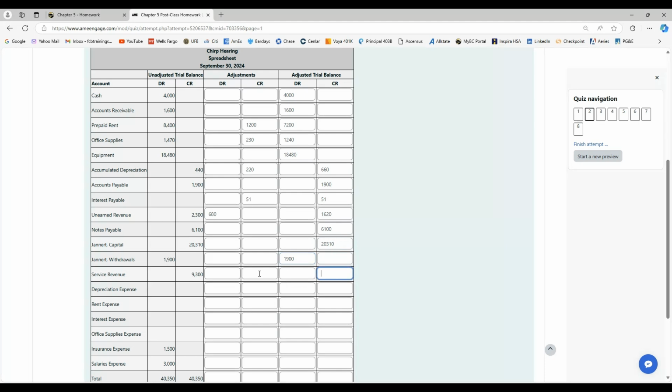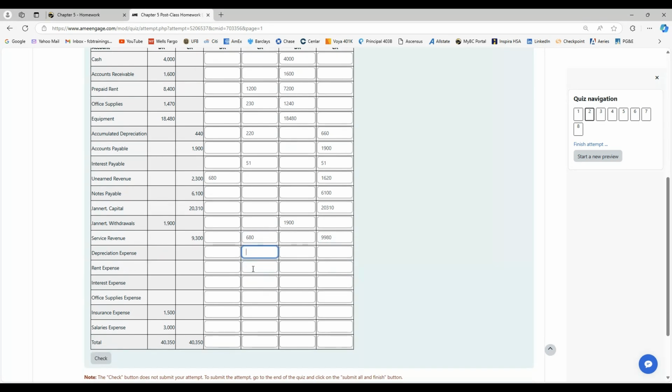$1,800. For service revenue, that was the other side of the unearned revenue. So we'll add $680. And we'll say $680 plus $9,300. So $9,980. And then we had depreciation expense of $220.